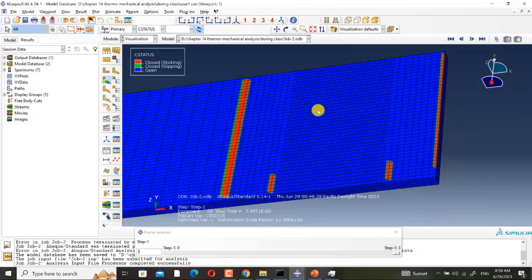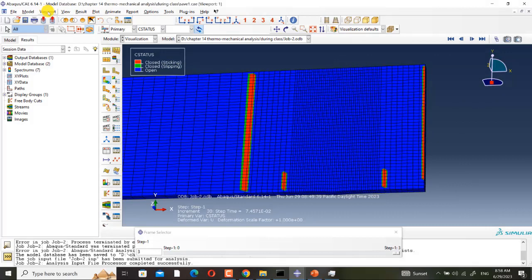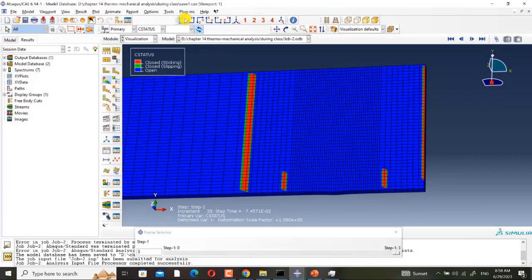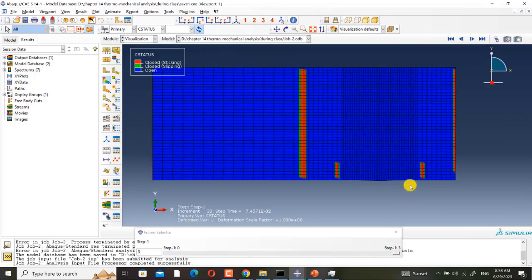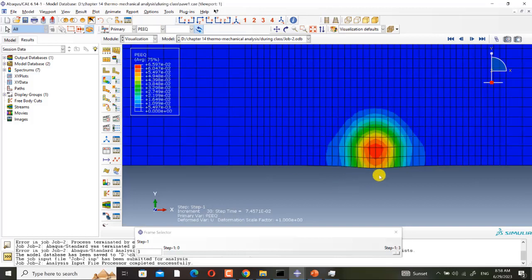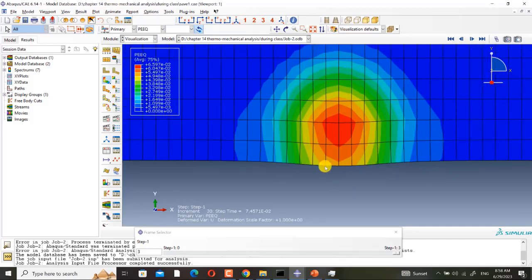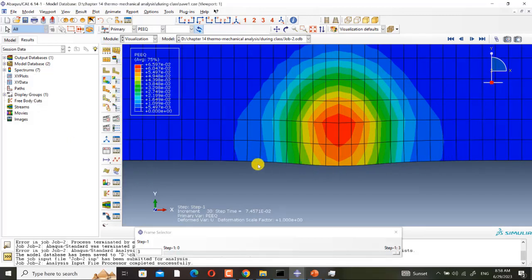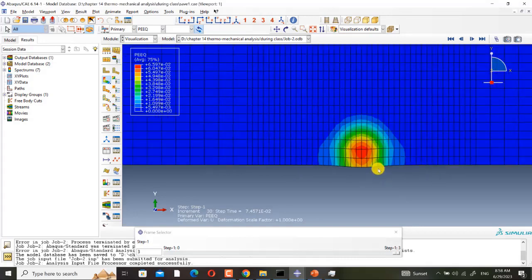And even you can see this deformation. This deformation, it is real. It is real deformation. It's due to the thermal strains.